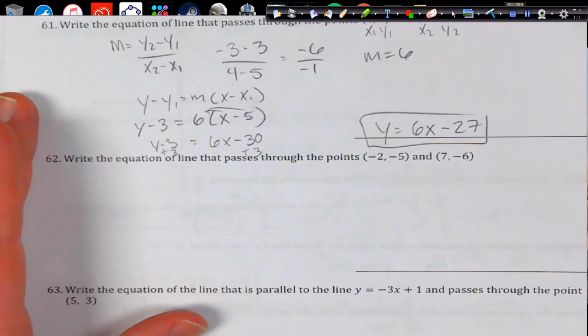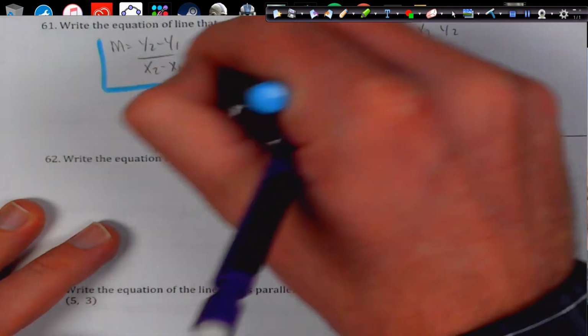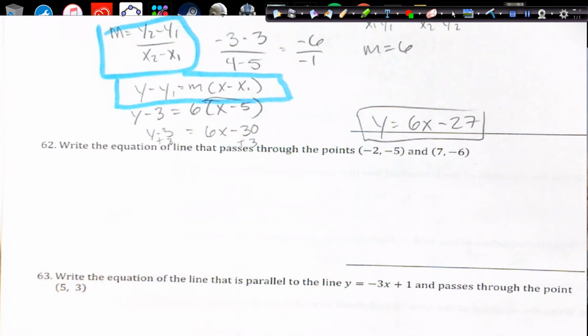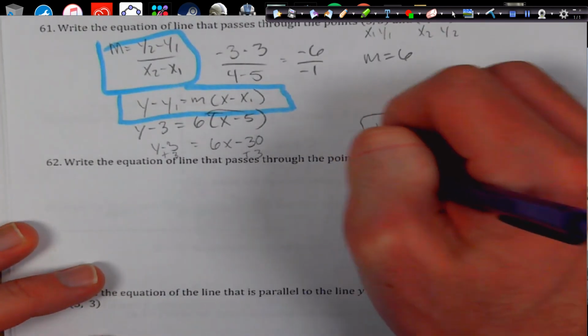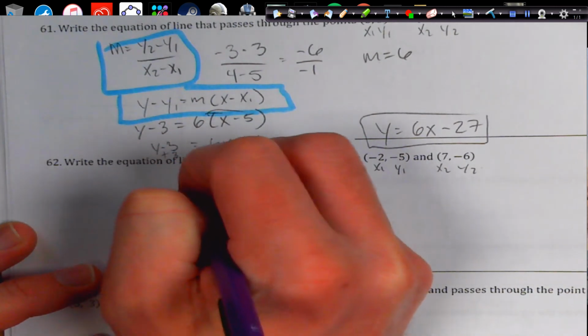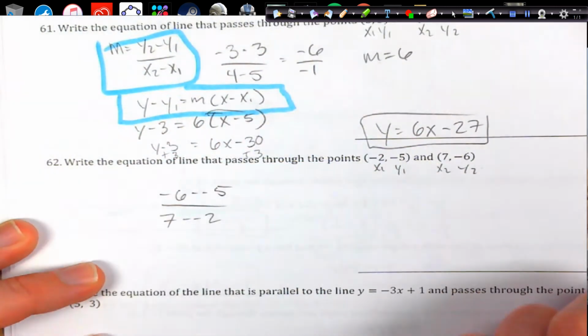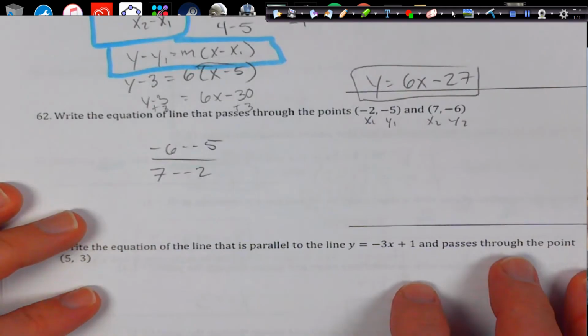We're going to do the same thing again. I'm not going to write the formulas because I already have the formulas written out right there and right there. But I will label my points. Always a safe thing to do. Whenever you have two negatives next to each other, they do have to become positive.